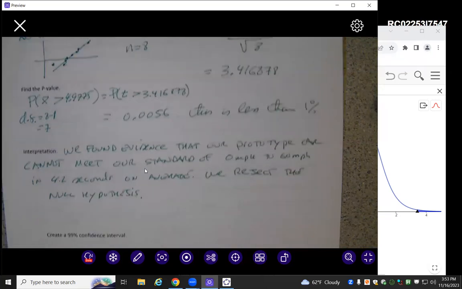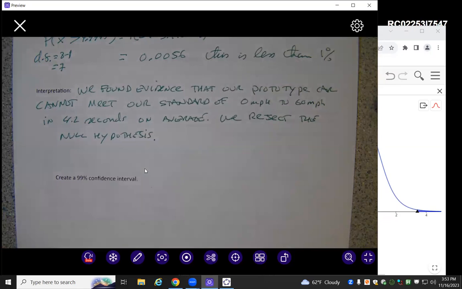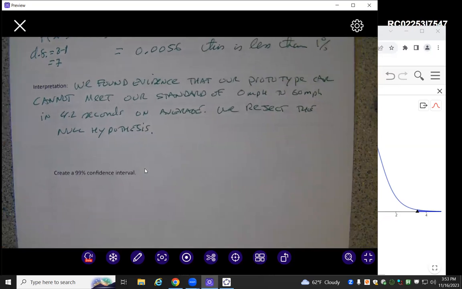All right. So here's what should have been done to begin with. You should have just created a confidence interval. Okay. So let's create a confidence interval instead. When you have the situation, sure, you have the standard you're trying to meet. That's all fine and good. But we don't need to do a hypothesis test to do this.